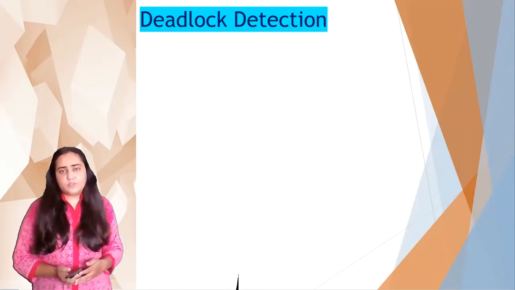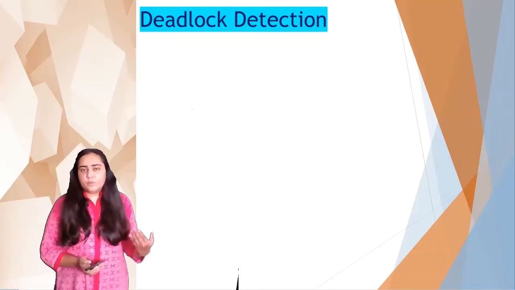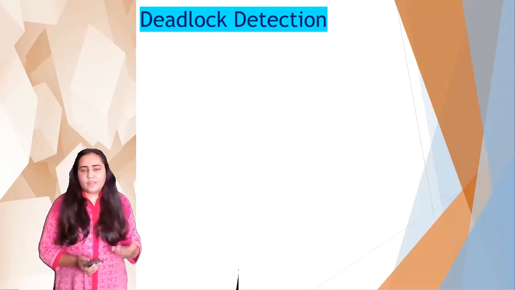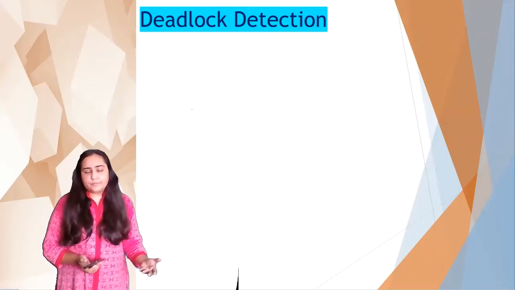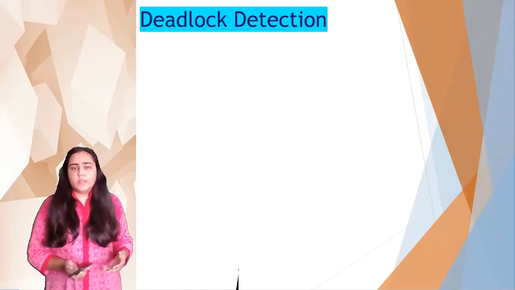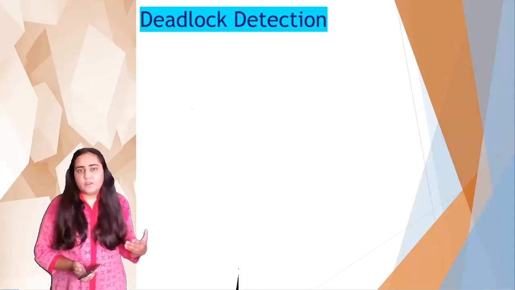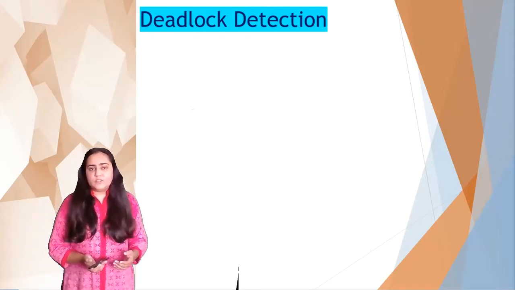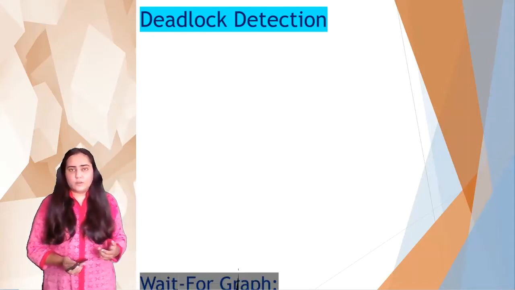So to prevent such situations, sometimes we let deadlocks happen and then try to resolve them. In order to do that, first we have to detect that a deadlock has happened. Your system needs to detect that there has been a deadlock.